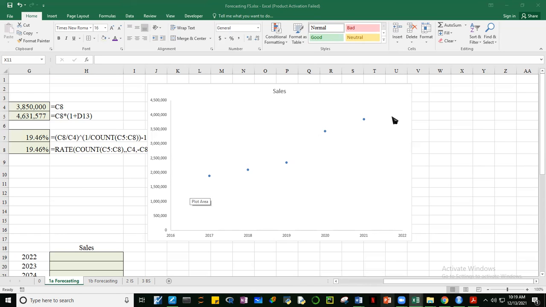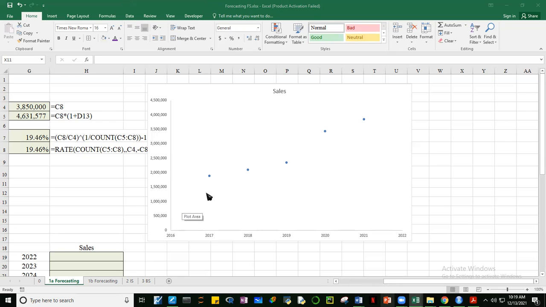Okay, so we can approximate the relationship between sales and time. Why do we need to do that? Because once we establish the equation of the line, we can now predict 2023, 2024, 2025. So that's the purpose, guys, of the linear regression line.